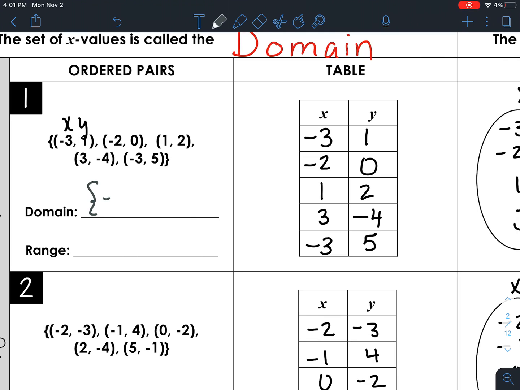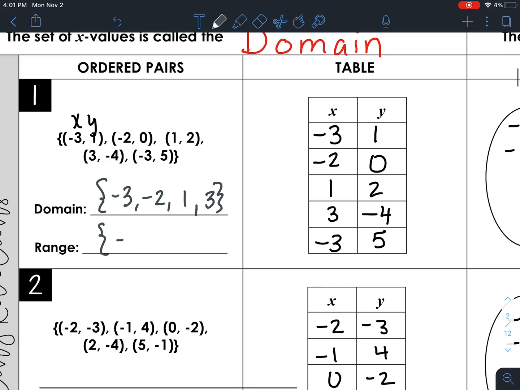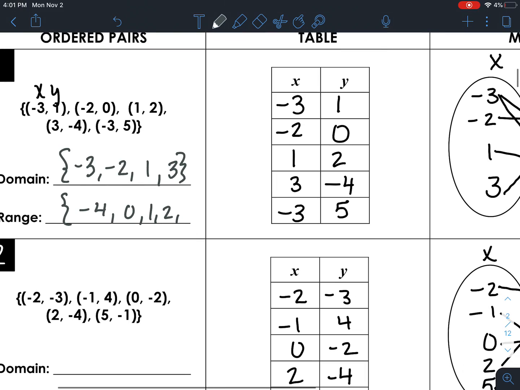So we have -3, -2, 1, and 3. We don't repeat any numbers. And then my range, again, from smallest to biggest, we have -4, 0, 1, 2, and 5.